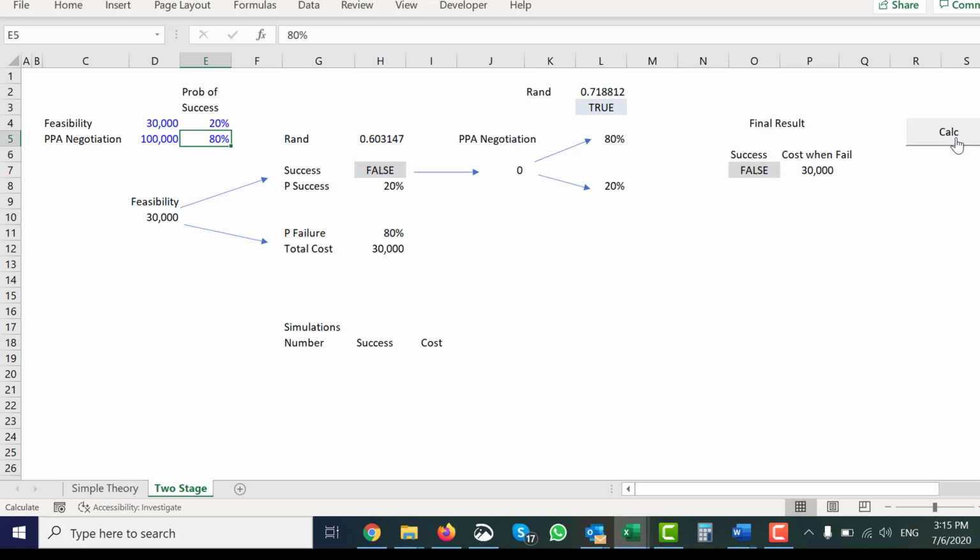We have to make it out of the first gate. And if we don't make it out of the first gate, we only spent 30,000 on the feasibility. That wasn't so bad. So we don't have to waste money on the negotiation. This is the whole option to cancel. And then we go and do it again and again.